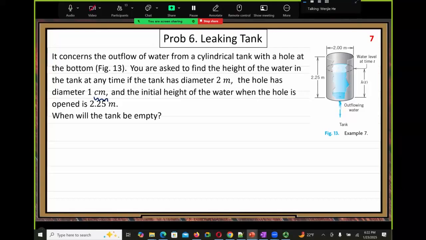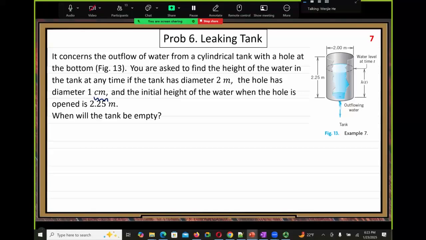Starting at point 0, when you open that hole, you start the clock. Then, after how many hours does the whole tank become empty?